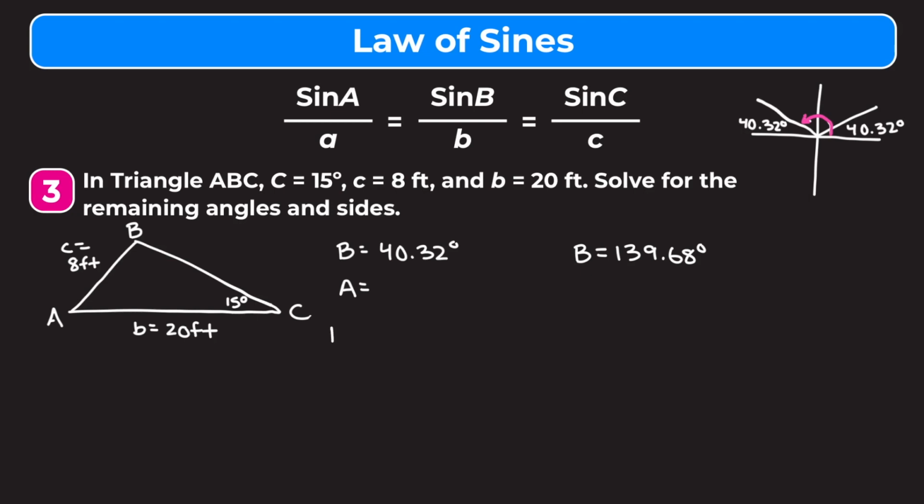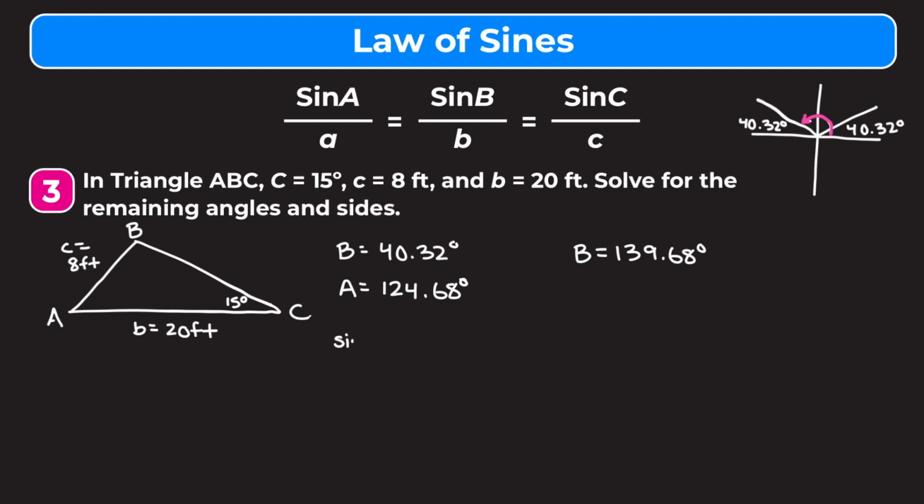So I'll write that underneath: 180 minus 15 minus 40.32 degrees equals angle A. If we do that out, we get that angle A is 124.68 degrees. I'm going to erase the work down here so we have more space. Now we have to find side A using the law of sines.